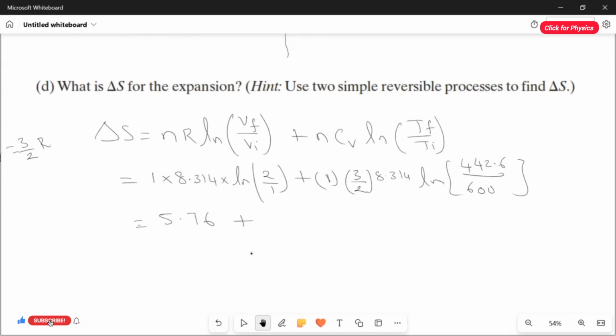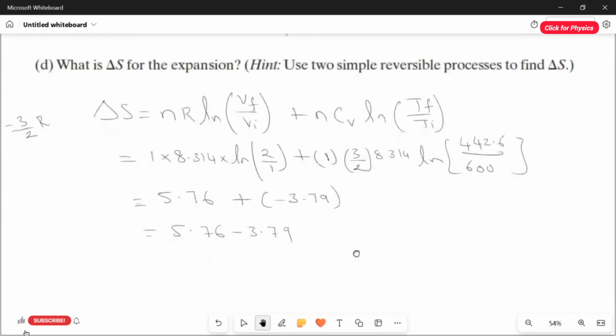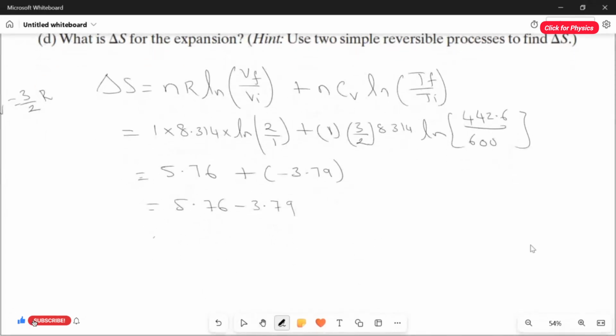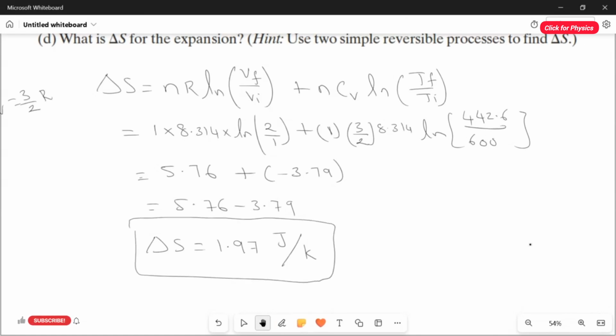Here I got the answer as minus 3.79. So plus into minus becomes minus. So 5.76 minus 3.79. I got the answer as 1.97. So the answer for D part, delta S, which is equal to 1.97, the unit for the entropy is joules per Kelvin. So this is the answer for this question.